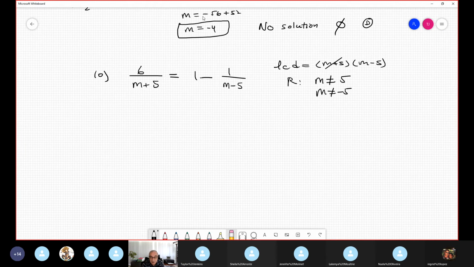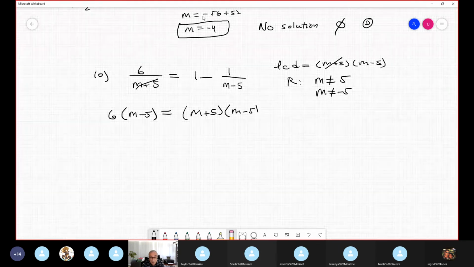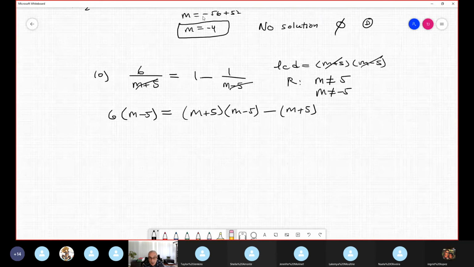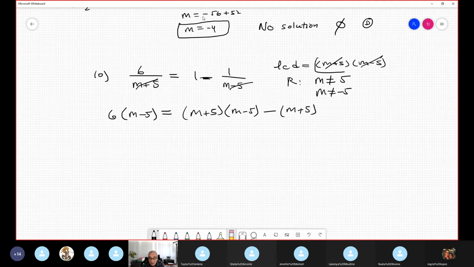When you multiply, this is cancelled, and it stays 6 times (n minus 5) equal, in this case, to the multiplication of 1 by the LCD, nothing cancels: (n plus 5)(n minus 5). And minus, this is cancelled with this, and it stays negative 1 times (n plus 5). Be careful with the sign, because this negative affects everything in this factor.